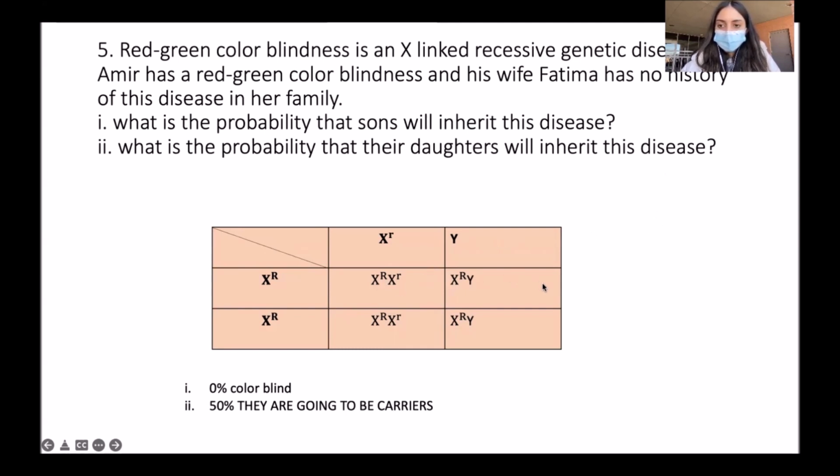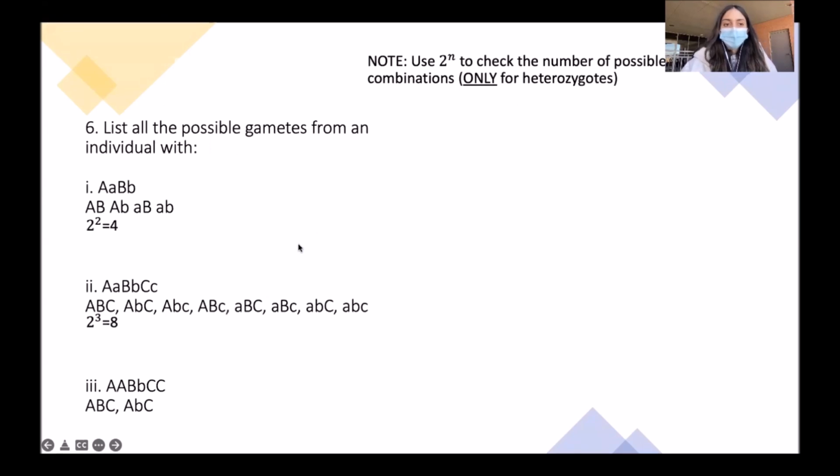So for this question, we're going to list all possible gametes with big A, big B, little b, and we're going to cross them like A, and we're going to go like this. Okay.